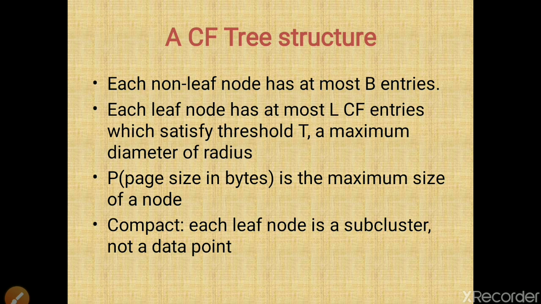So, in a clustering feature tree, each non-leaf node contains B entries and each leaf node contains L entries. B represents the branching factor, and the L entries in the leaf node should satisfy the threshold value T. What is meant by this threshold value? It specifies the maximum diameter of subclusters.